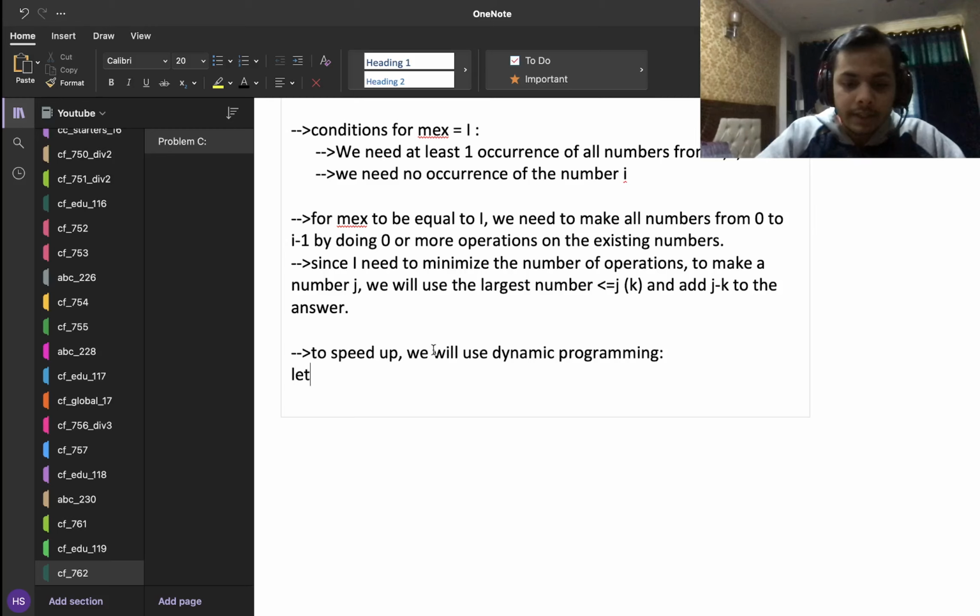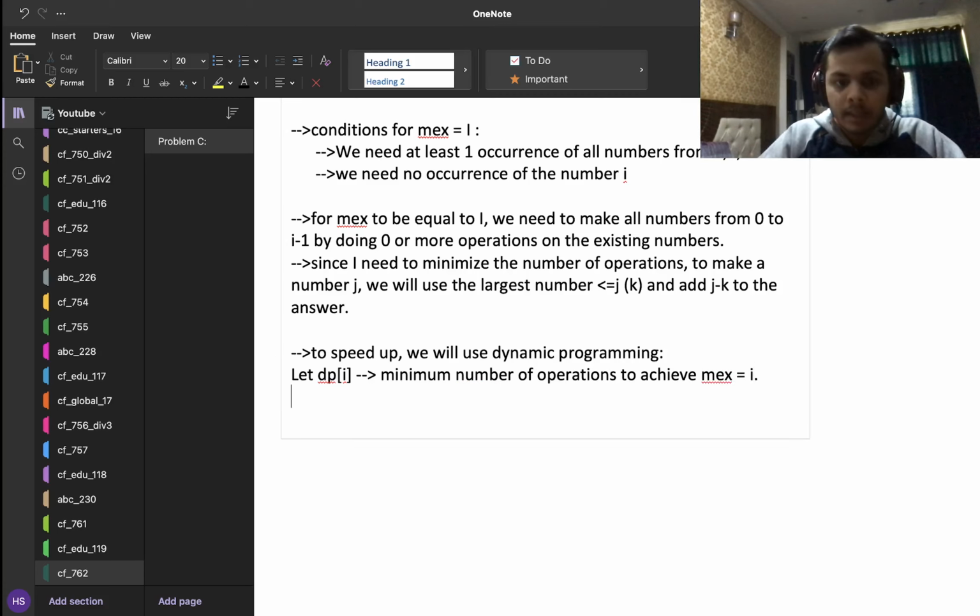So let dp of I denote the minimum number of operations to achieve max equals to I. And the goal for us is to calculate dp of I using the help of dp of I minus 1. So let's see what dp of I will be.